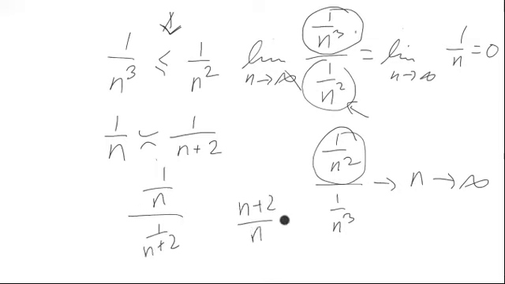You take a limit with L'Hopital's rule, you end up getting 1, which means 1 over n is eventually within a small amount of 1 over n plus 2. So these guys are close to each other as we take this limit, if it's equal to 1.